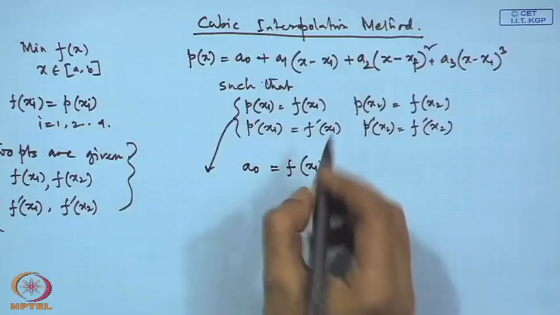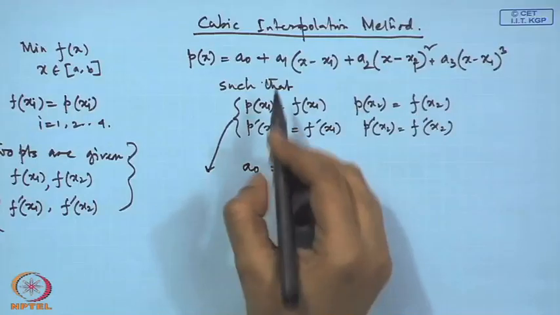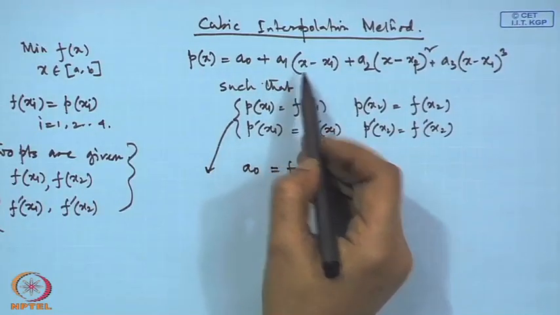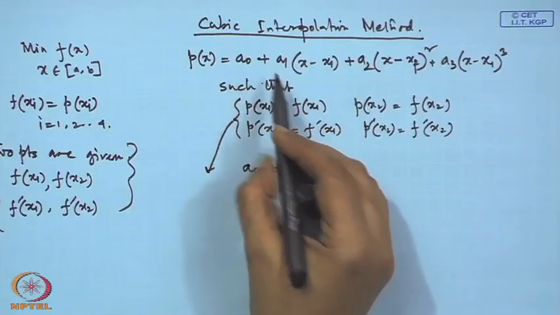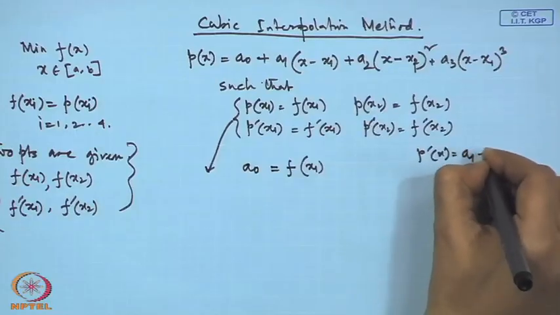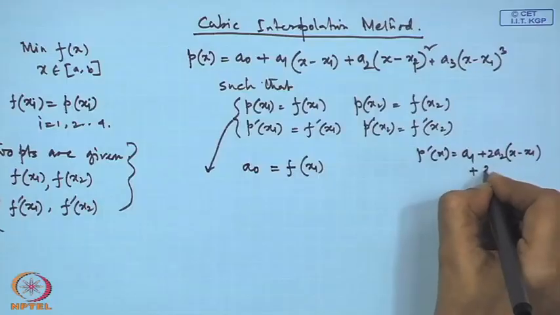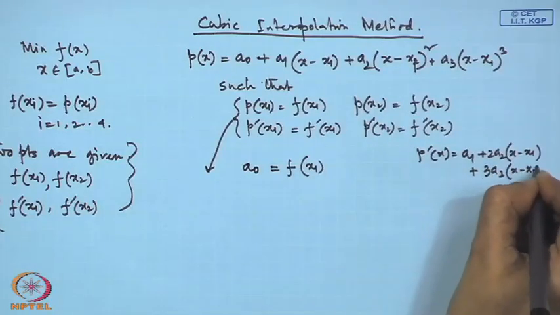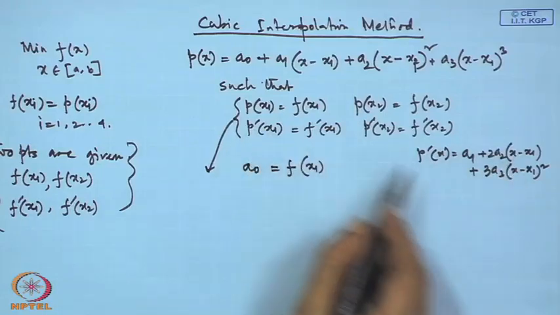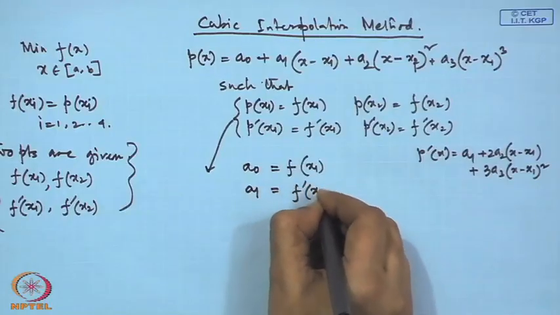From the second, P prime x1 equal to F prime x1: only A1 remains, because P prime x is equal to A1 plus 2 A2 (x minus x1) plus 3 A3 (x minus x1) square. That is why, at point x1, if P prime x1 equals F prime x1, then we get A1 is equal to F prime x1.